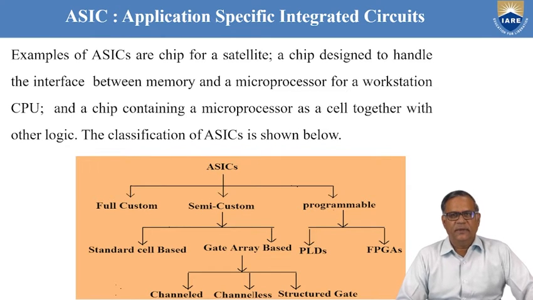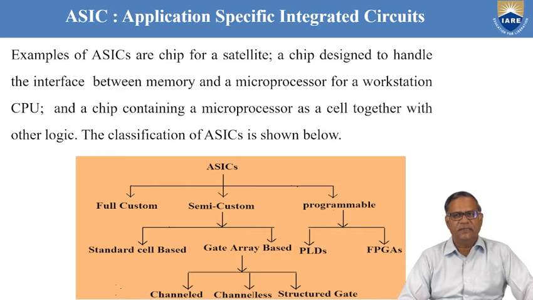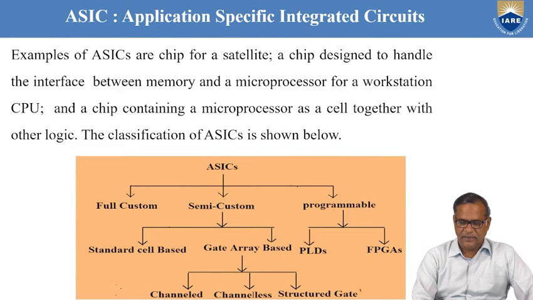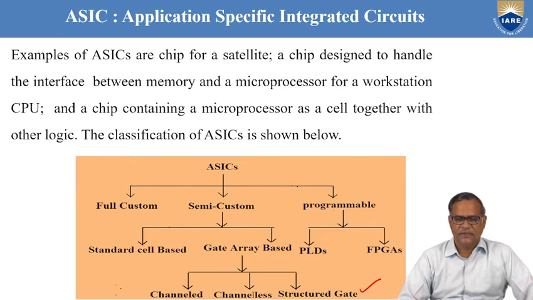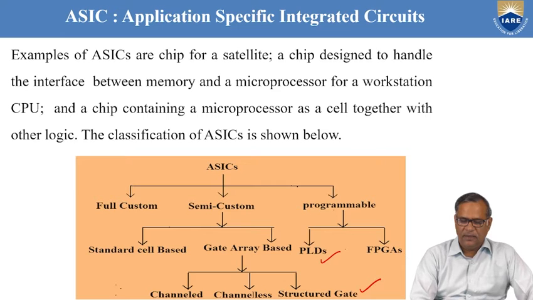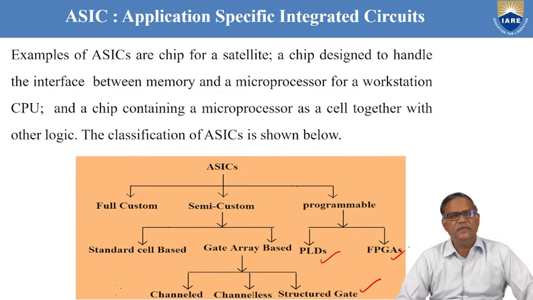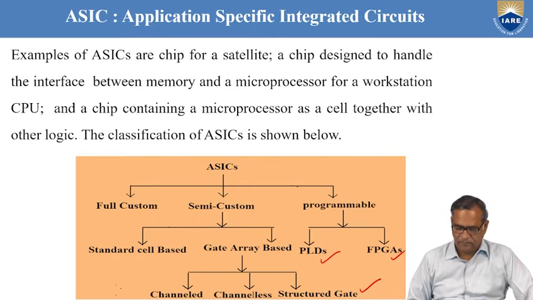Semi-custom is divided into two categories: standard cell-based and gate array-based. Gate array-based is further divided into channeled gate array, channel-less gate array, and structured gate array. Programmable logic is divided into two categories: PLDs and FPGAs. FPGA stands for Field Programmable Gate Array.